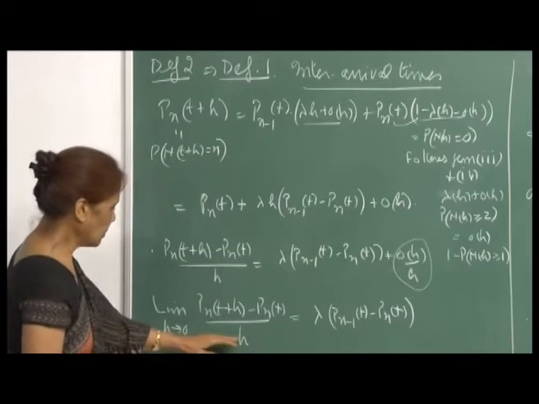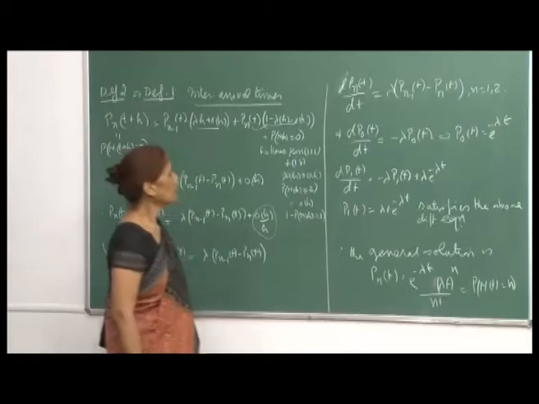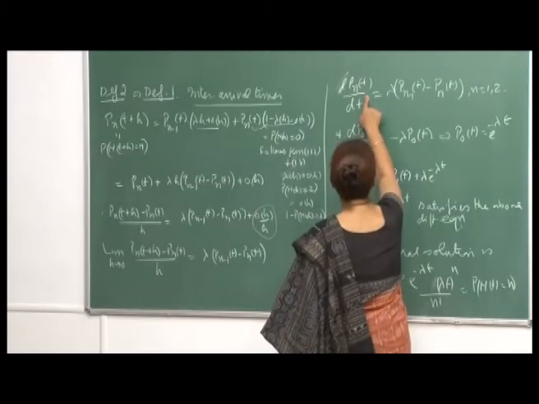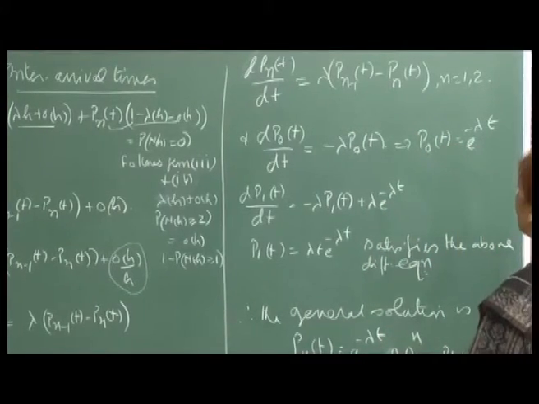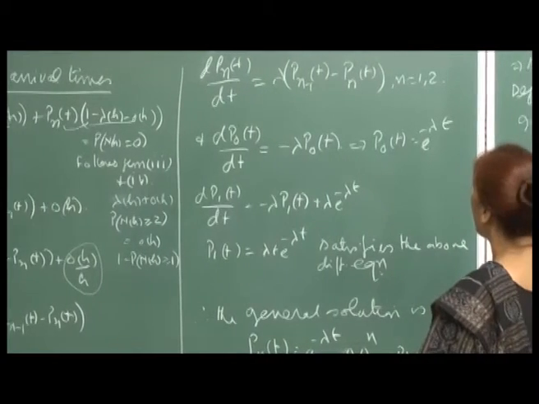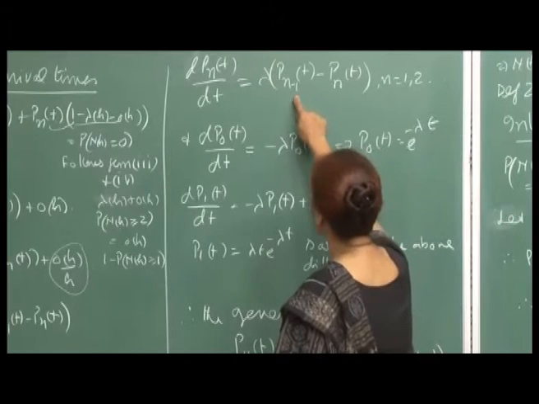This is nothing but the derivative of P_n(t). So dP_n(t)/dt equals lambda P_{n-1}(t) minus P_n(t). This is valid for n varying from 1, because you have this n minus 1.